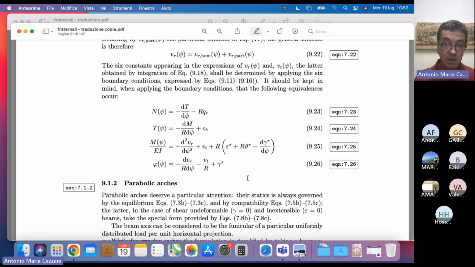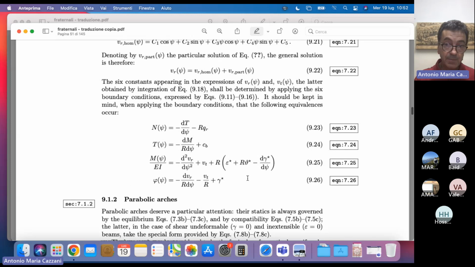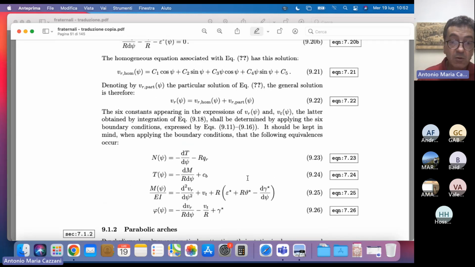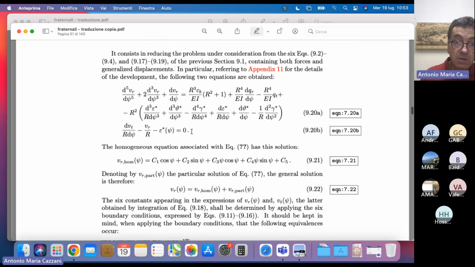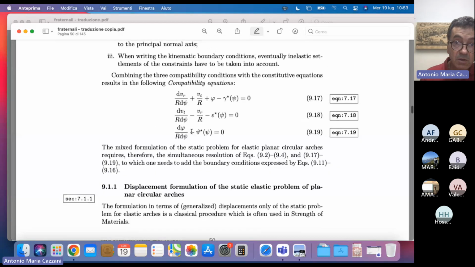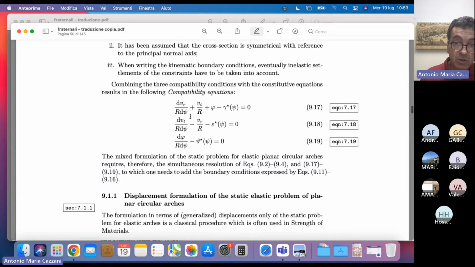So in this way, we can get the complete solution for an arch using only kinematic variables. Of course, these equations must be solved introducing suitable boundary conditions at the ends of the arch, which will allow us to compute the value of the fifth constant and of the sixth constant, which comes out from the solution of this equation.